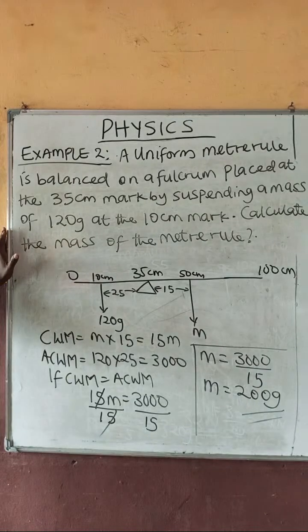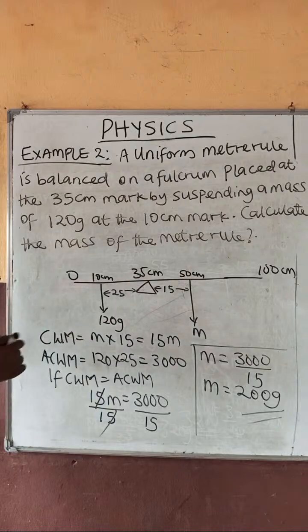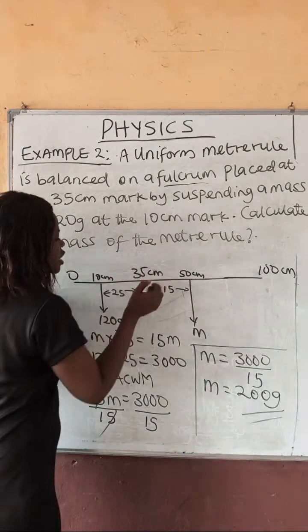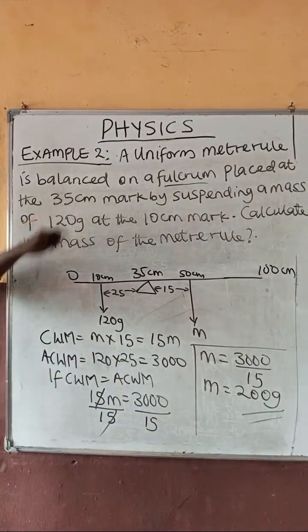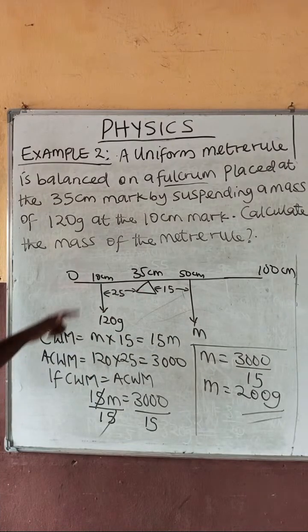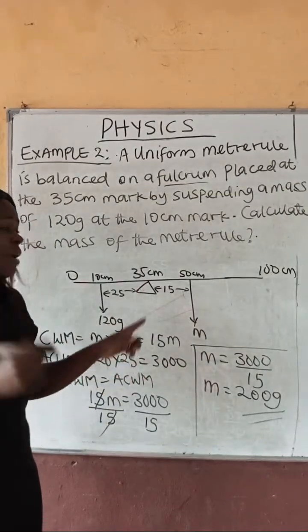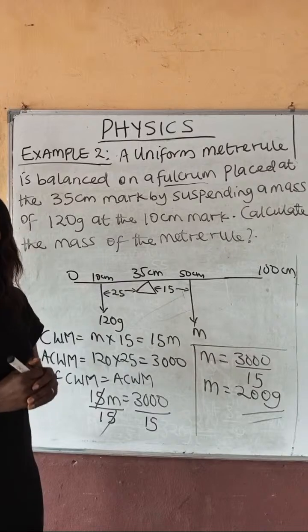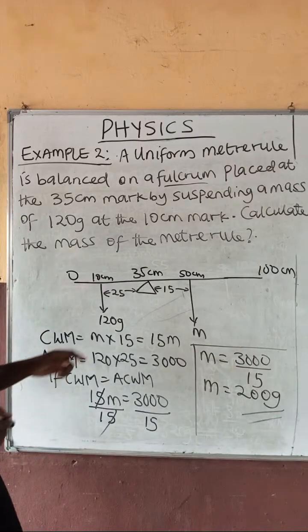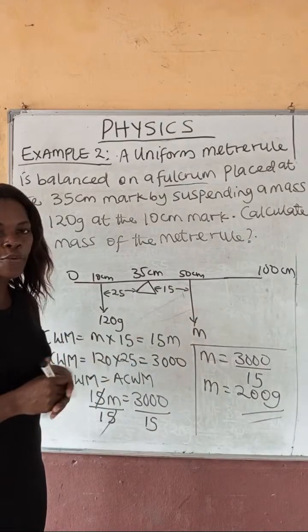All right. I said that this meter rule was pivoted. This fork means this pivot. They place it at 35 centimeter, and the meter rule ranges from 0 to what? 100. But this 35 centimeter is not where you're supposed to put the pivot. The essence of putting it there is for us to get the weight or the mass of this meter rule.